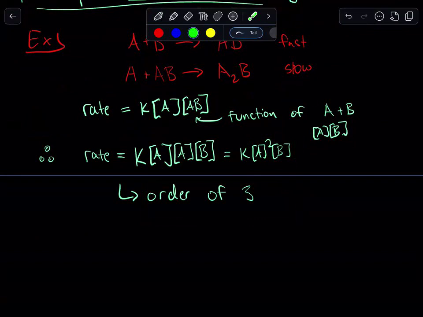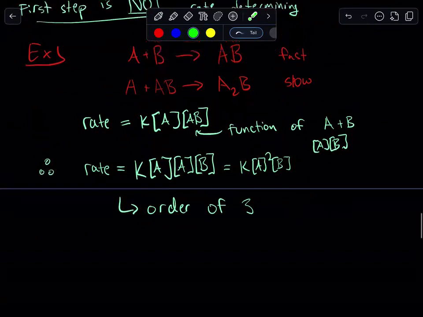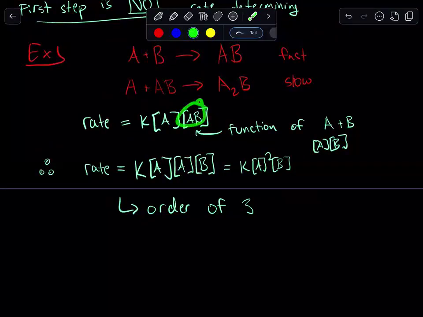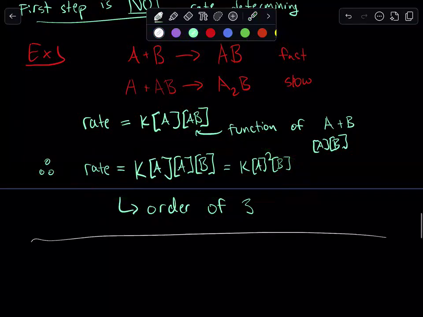So if the first step is not rate determining, then you must move on and take the other reactants and take those as a function of their own individual equations. So it becomes a little more complex, but you will never have to do anything more complex than this reaction anyways. All right, moving on to 2.2.11.